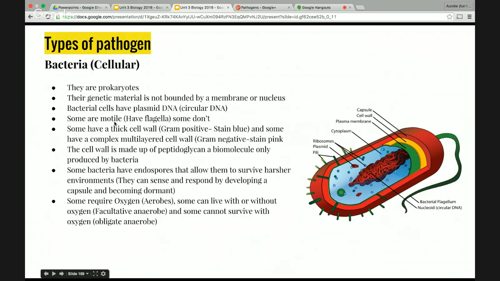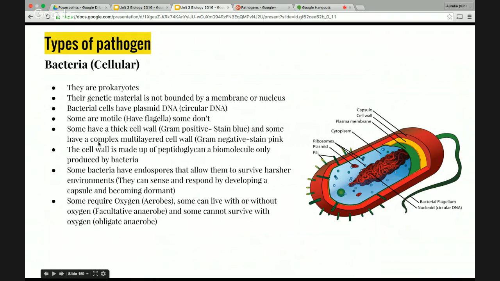Some are motile, some are not. So the ones that have flagella, this is the flagella, they are motile. If they don't have flagella, then they are non-motile. Some have a really thick cell wall made of peptidoglycan. So the cells that have a really thick cell wall are known as gram-positive, which means they stain blue with a gram stain.